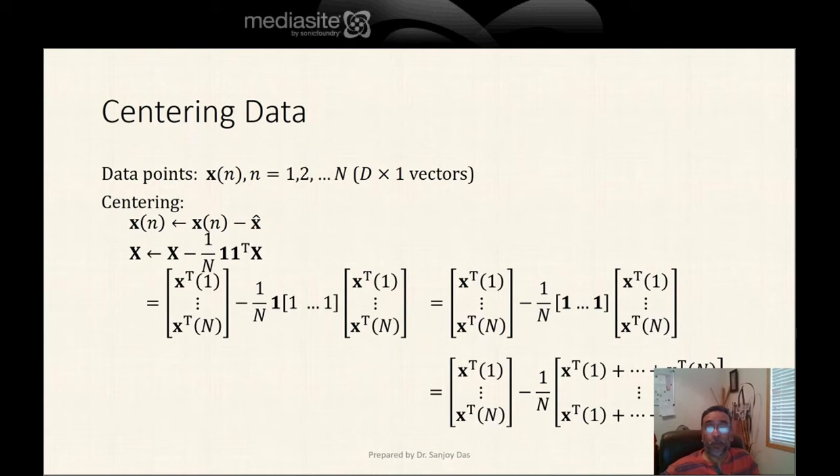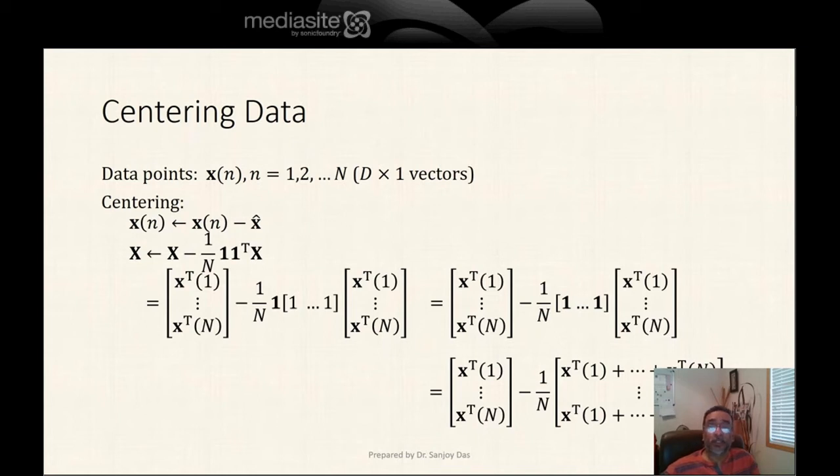x1 transpose until xn transpose. So each row is the sample point. And what you are in fact subtracting from each row is 1 over n times x transpose 1 plus x transpose 2 until x transpose n.